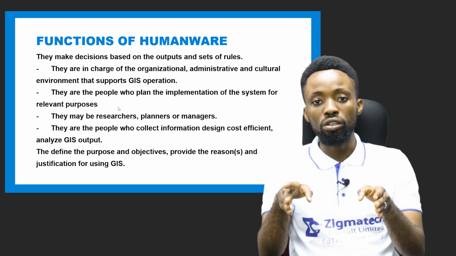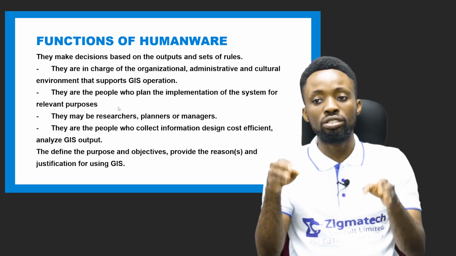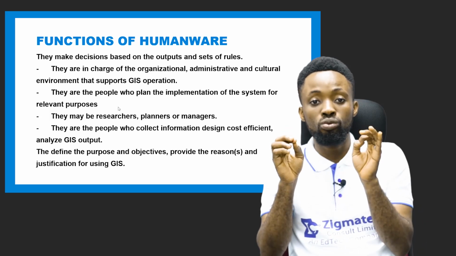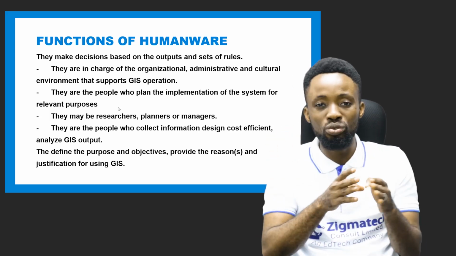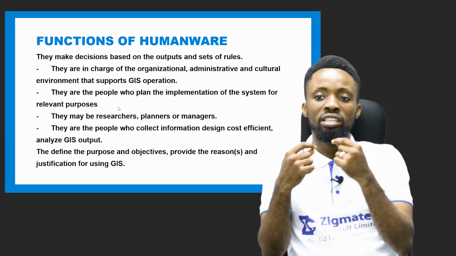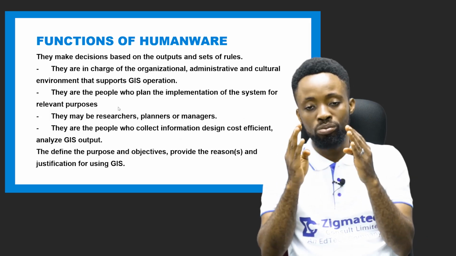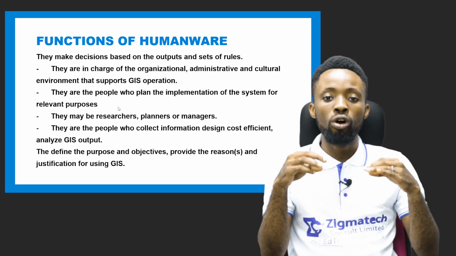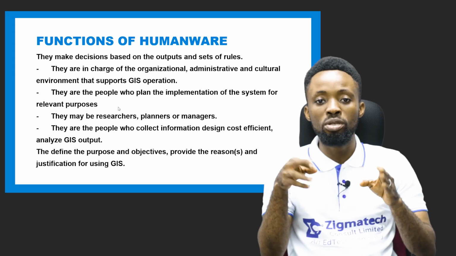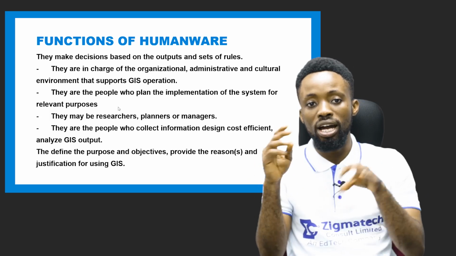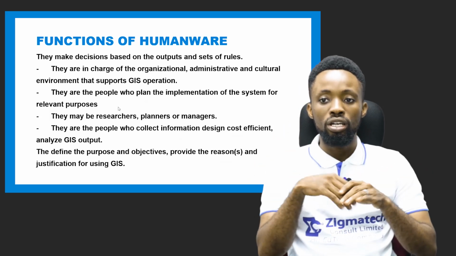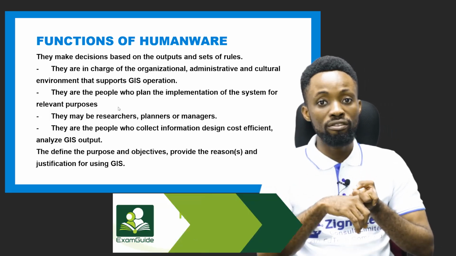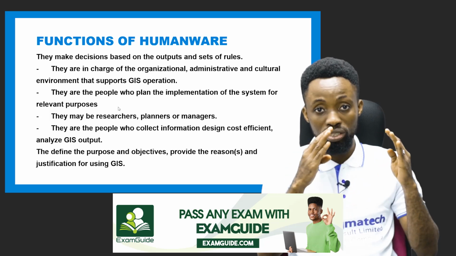All the organization and administration linked to GIS, and the cultural environment where different workers are connected to the purpose of GIS, the humanware takes charge of. In fact, we can even see the humanware as the interface between the software and the hardware. They are also the people who plan the implementation of the system for relevant purposes. So they are also the planners.